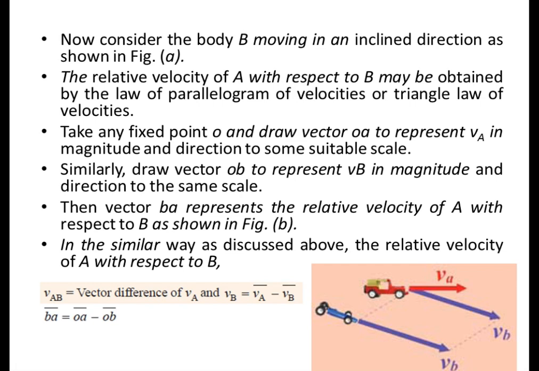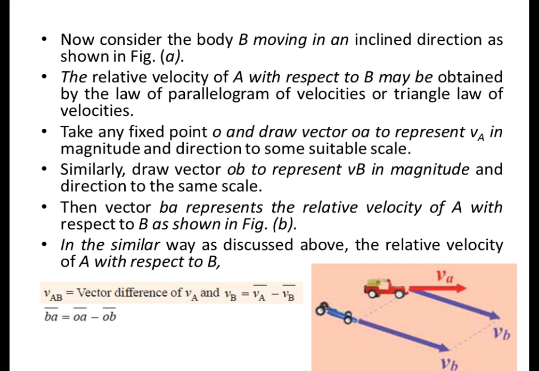Now consider the body B moving in an inclined direction as shown in this figure. The relative velocity of A with respect to B may be obtained by the triangle law of velocities.